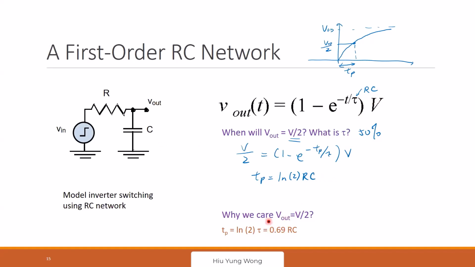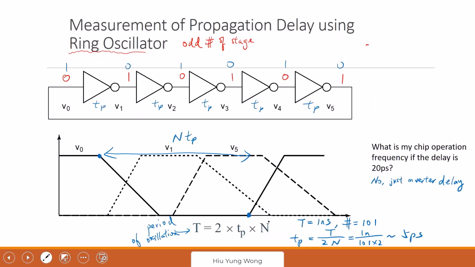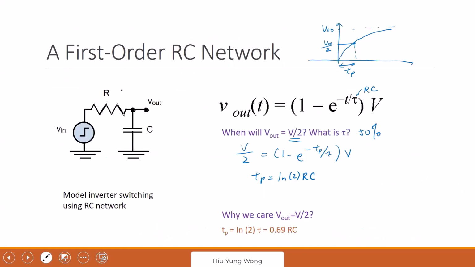In the future, if you can find the equivalent resistance of the inverter and the equivalent capacitance you need to charge, then you know the delay is about 0.69 RC. Now we are getting deeper and deeper, using more and more complicated models.